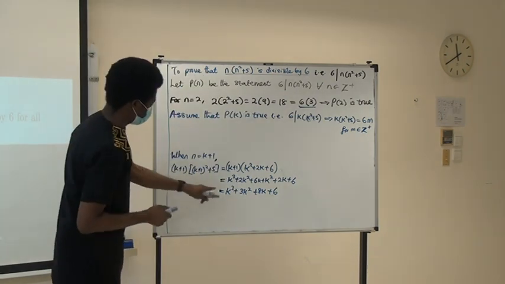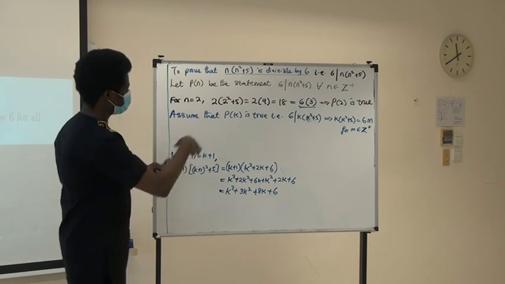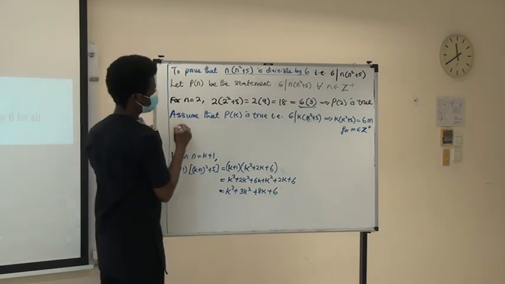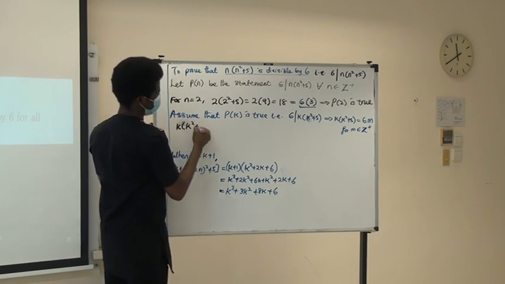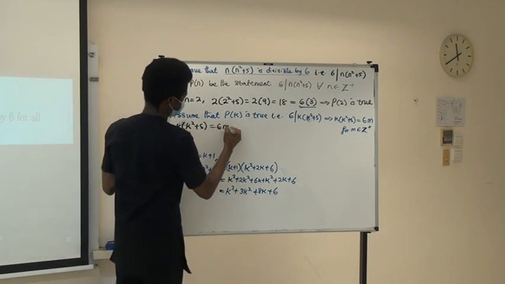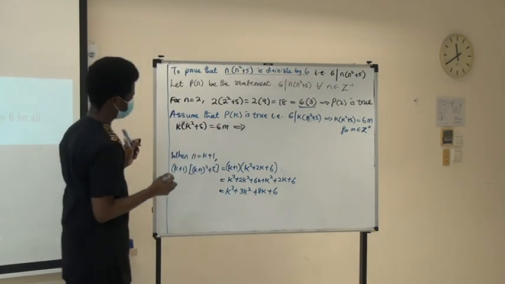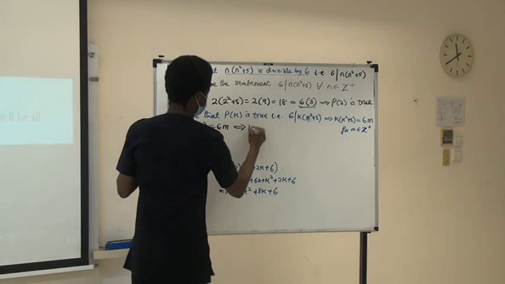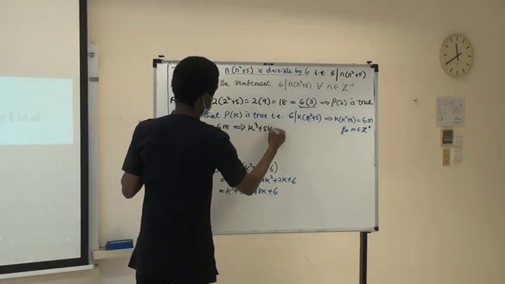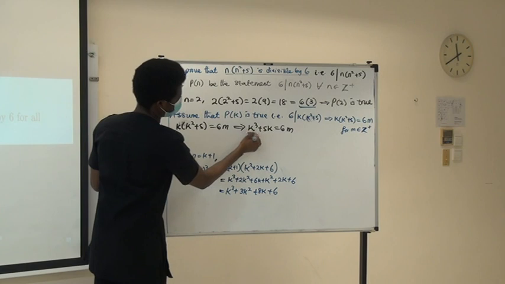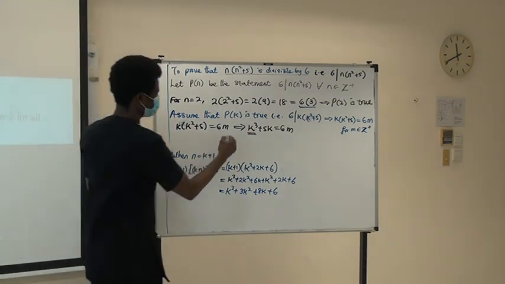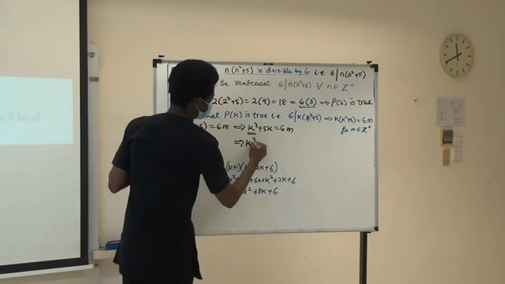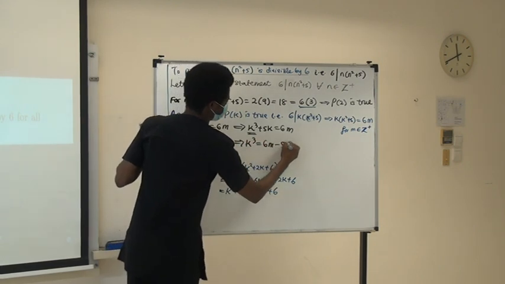So, you can see I have a cube, right? So I come back to my inductive hypothesis. k into bracket k squared plus 5 equals 6m, right? This implies that, if you open the bracket, k cubed plus 5k equals 6m. So you can make this a subject and put it here. If you make that the subject, k cubed will be equal to 6m minus 5k.